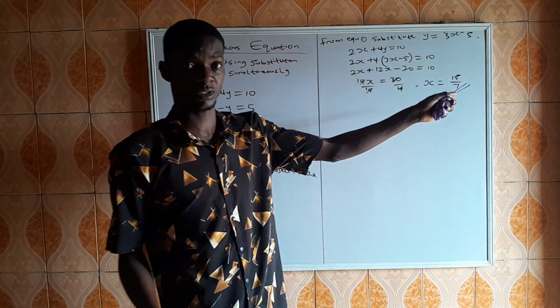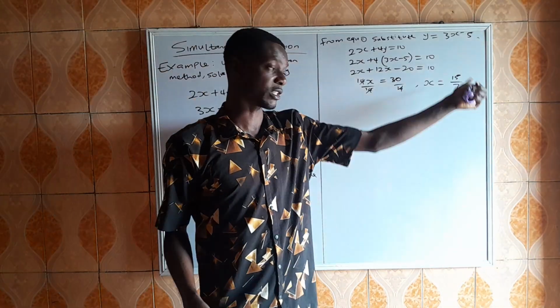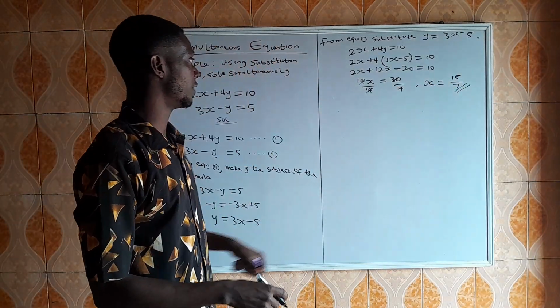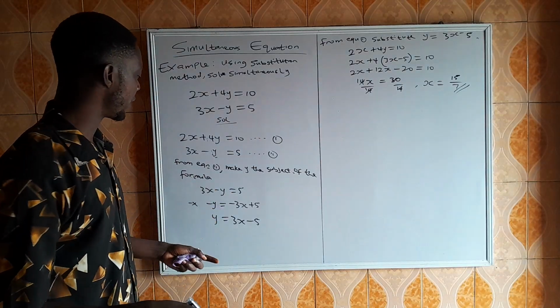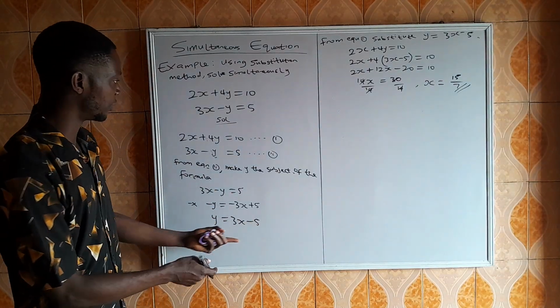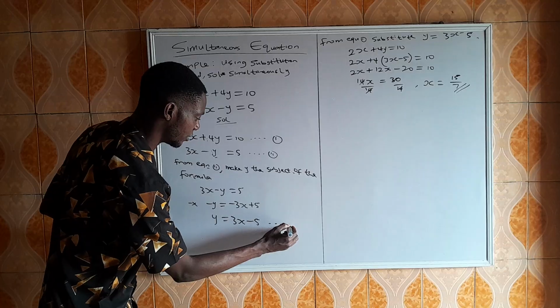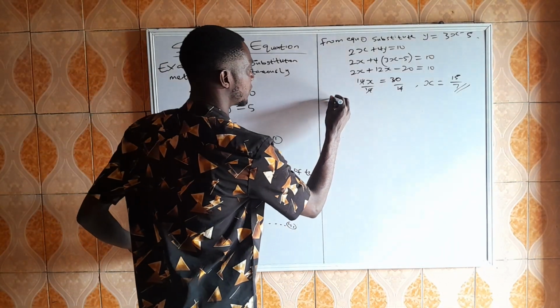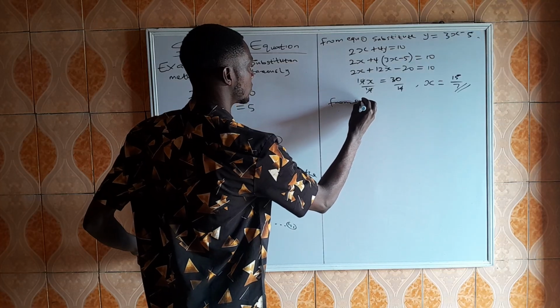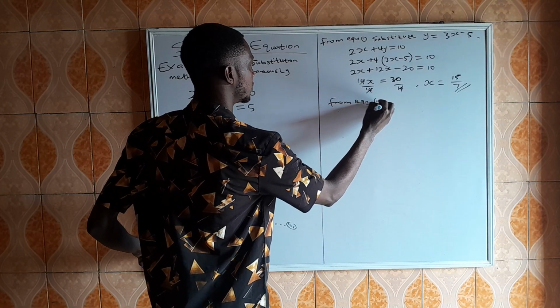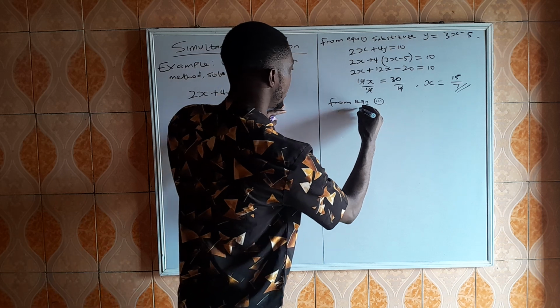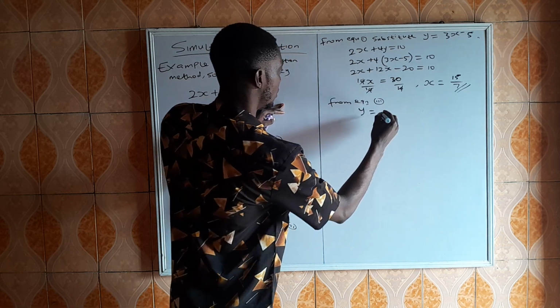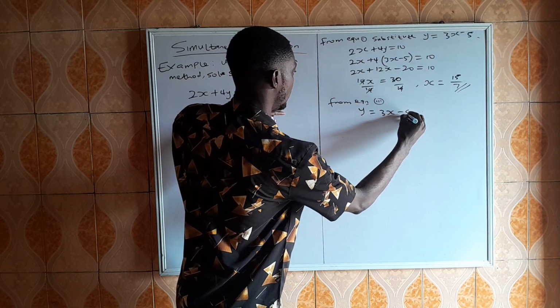We can't simplify this any further, or you could make it a mixed fraction. So that will be the value of our x. To find y from this expression, let's call this equation 3. From equation 3, y equals 3x minus 5.